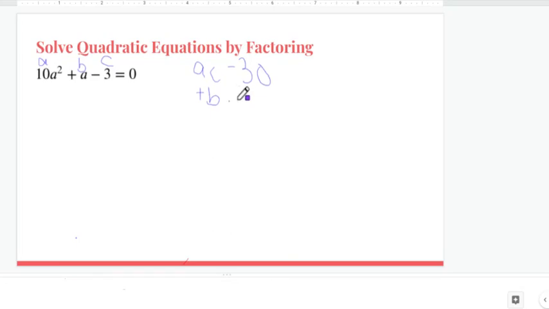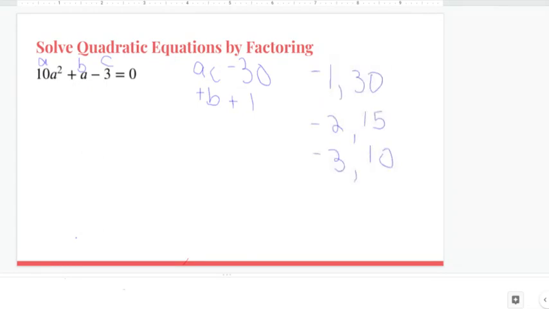So we're going to go ahead and make an organized list of factors, and we want to remember that signs will be different. That's the only way to get a negative product when you're multiplying two numbers, and the larger factor will be positive because the sum is a positive 1.